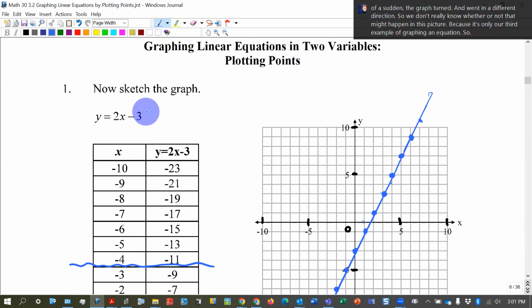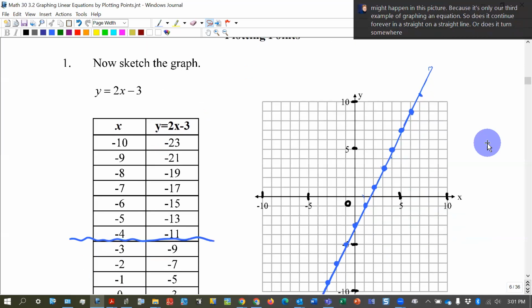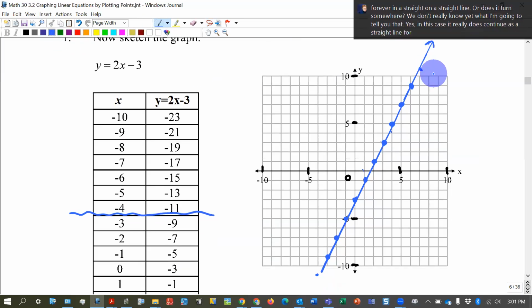So does it continue forever on a straight line, or does it turn somewhere? We don't really know yet, but I'm going to tell you that yes, in this case, it really does continue as a straight line forever.